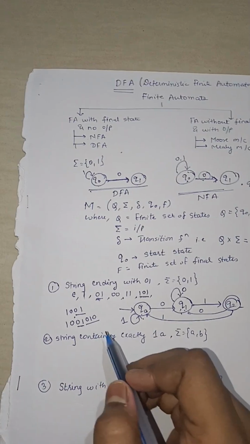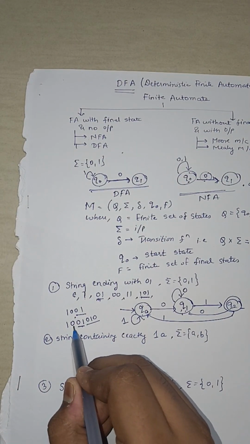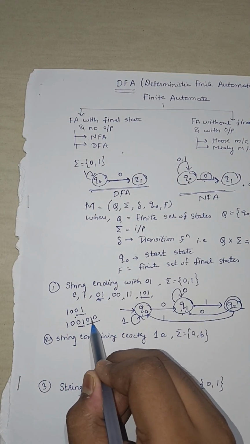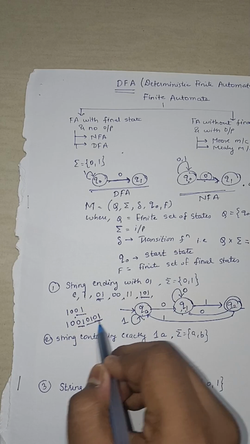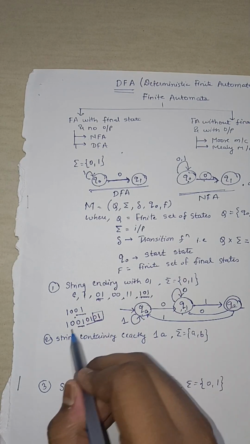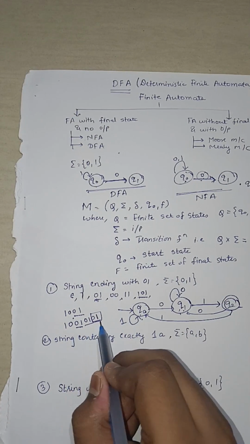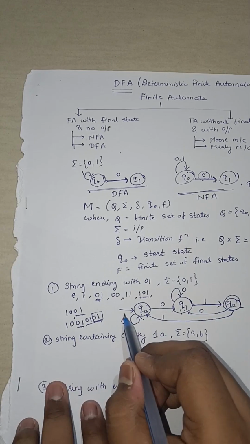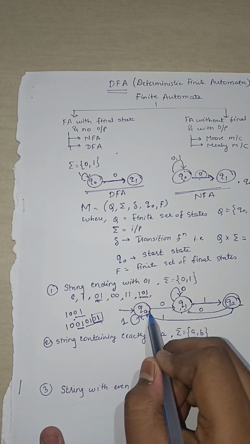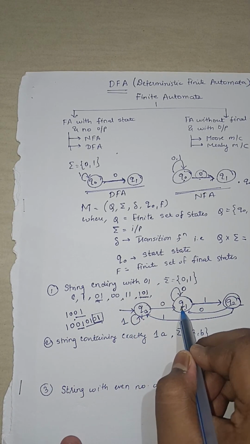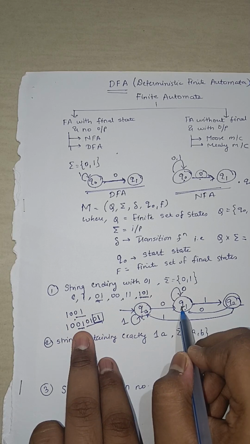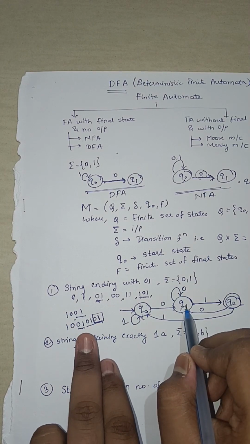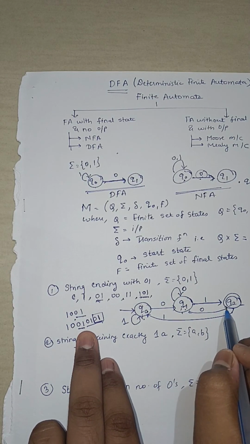Now see, if I take this example 1 0 0 1 0 1 0 1, means ending with 0 1. Let's try this. It must accept 1 on the same q0, going to q1. It is again getting 0 on the same state, 1 coming to q2, but the string is remaining.